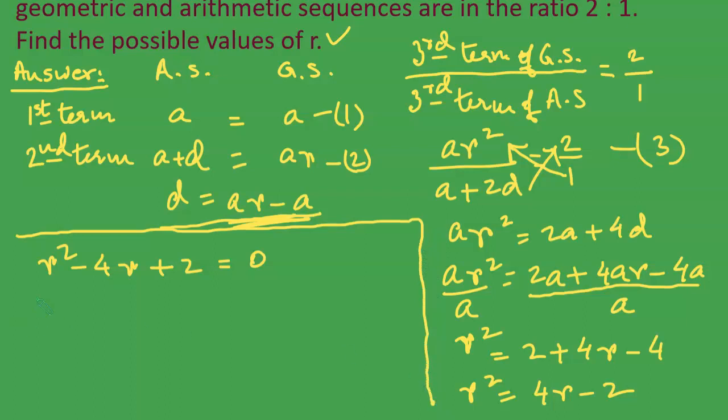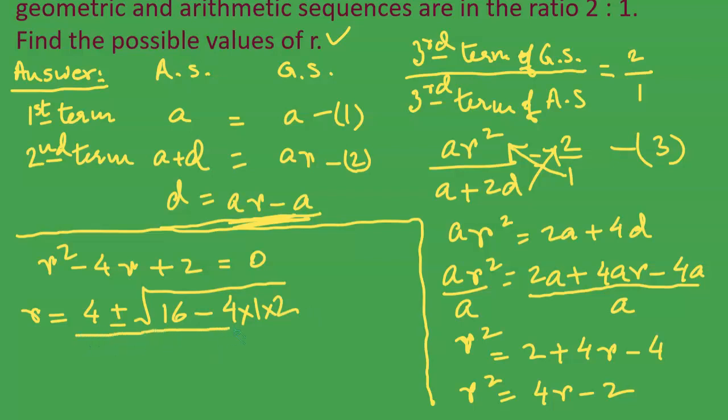I would prefer the quadratic formula to get the value of R. So R is equal to minus B, which becomes plus 4, plus minus the square root of negative 4 whole square, which is 16, minus 4AC, 4 times 1 times C, which is 2, over 2 times 1.